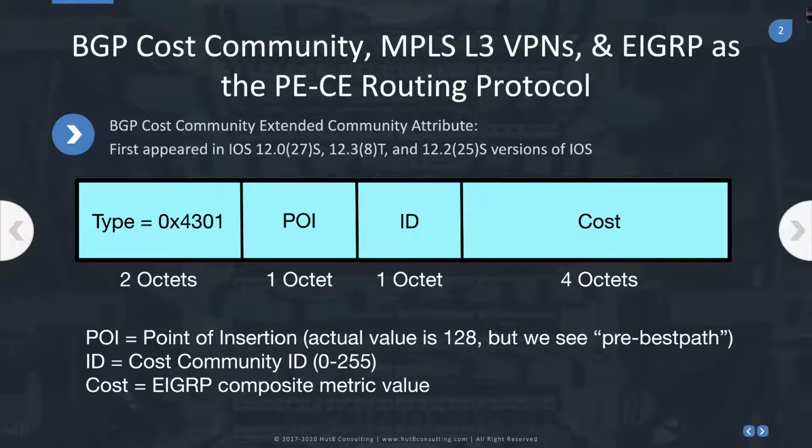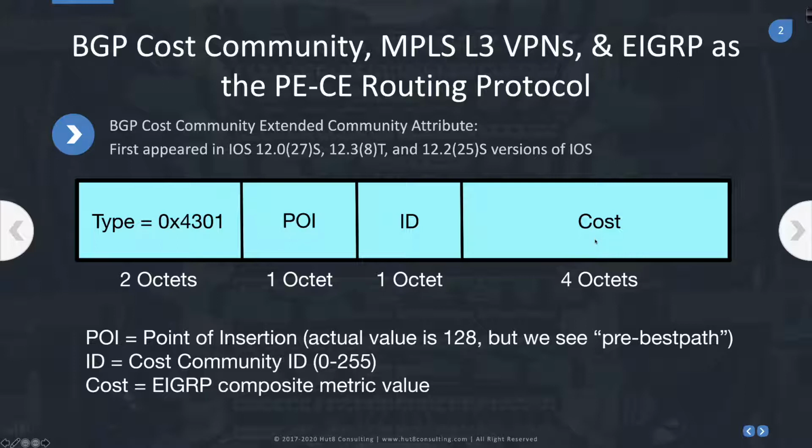What that means is that we are going to preempt, we're going to circumvent, we're going to evaluate the cost in the VPN v4 update that we receive at the ingress PE router.